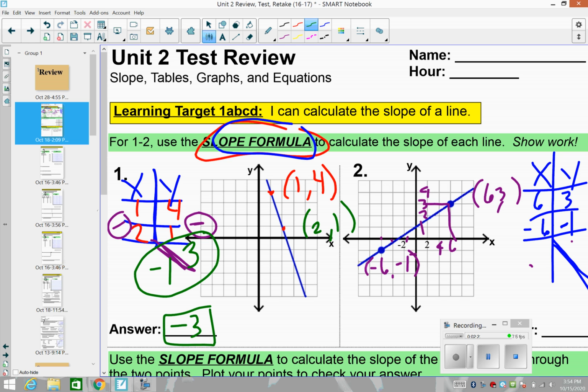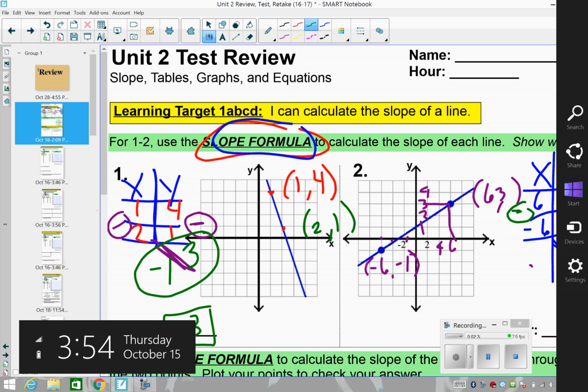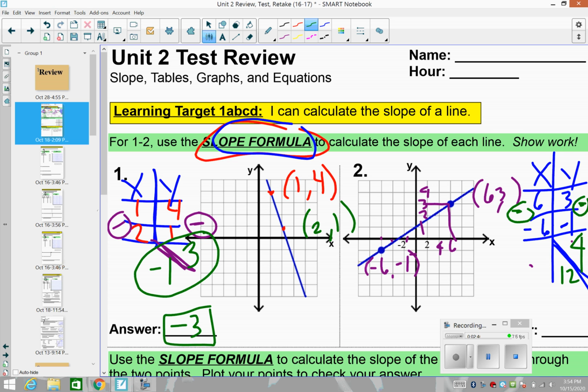So the change in y's would be 3 minus -1, be careful on that, is +4. 6 minus -6, be careful on that, is 12. If we were to reduce this, because you know we have to reduce, we'd end up with 1/3. Divide the top by 4, the bottom by 4, results in the slope of 1/3.